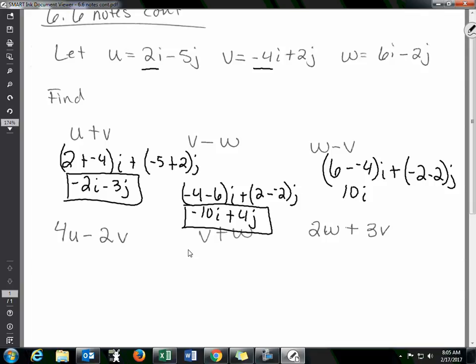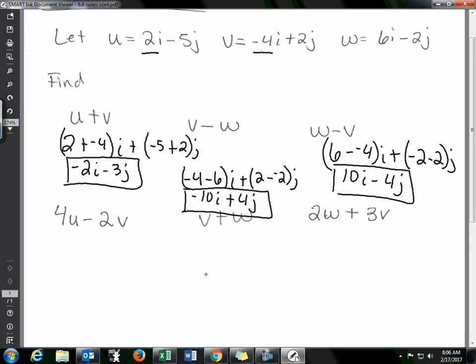And then you have negative 2 minus 2, so that's minus 4j. Right? And as you can see, the signs are different. You have negative 10i plus 4j when you go v minus w, and when you go w minus v, you go positive 10i minus 4j. So order is important when you're doing this, so just make sure you're watching that and following it.